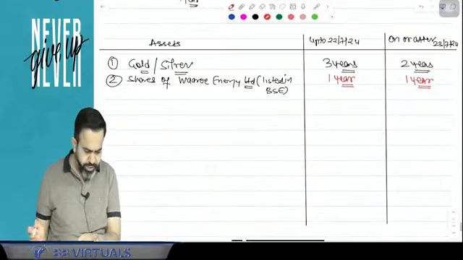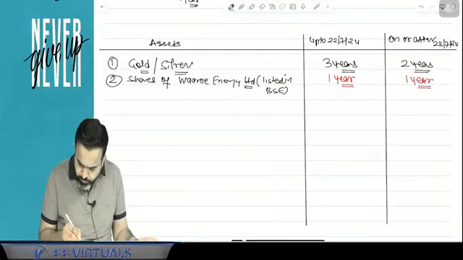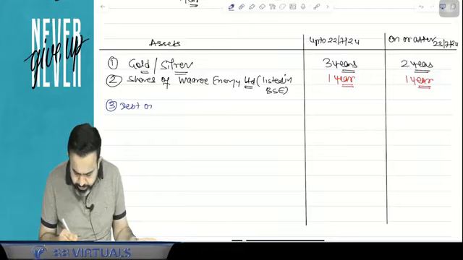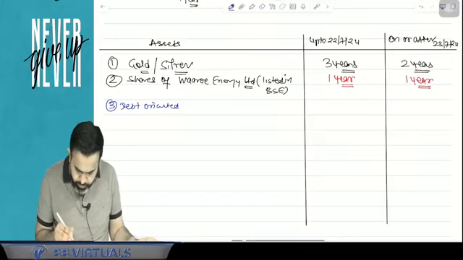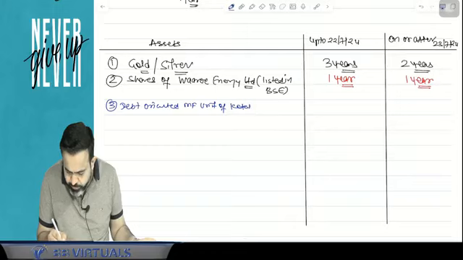Now next point is, guys, suppose third point, if there is a debt oriented mutual fund unit of Kotak Mutual Fund listed in National Stock Exchange.